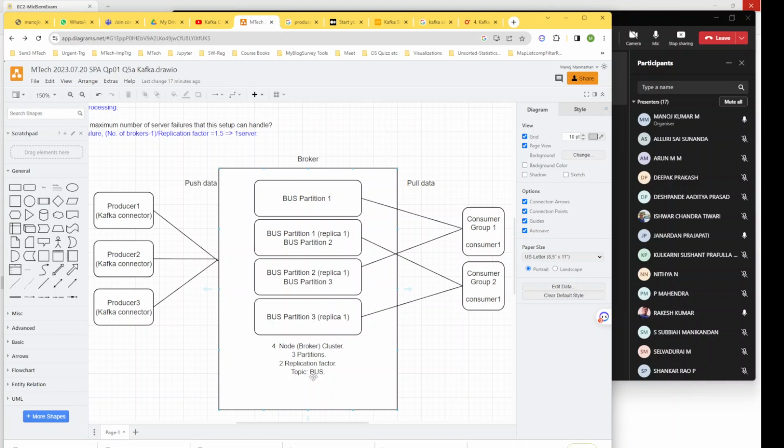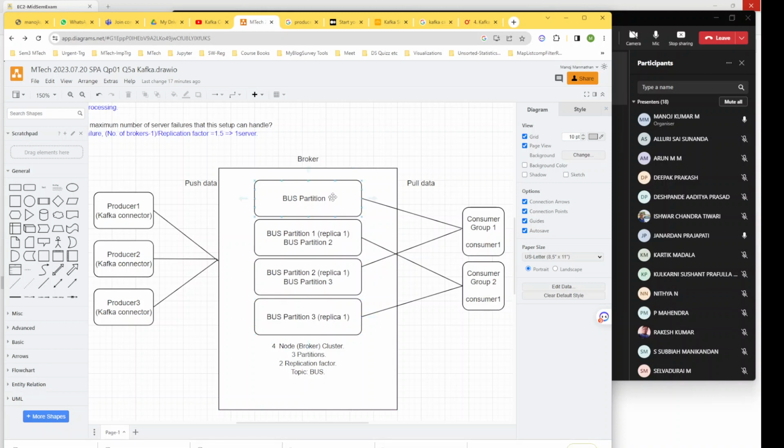There is bus partition 1 here, and its replica is in the second node. Then we have bus partition 2 here, and its replica is in the third node, and bus partition 3 here, with its replica in the fourth node.